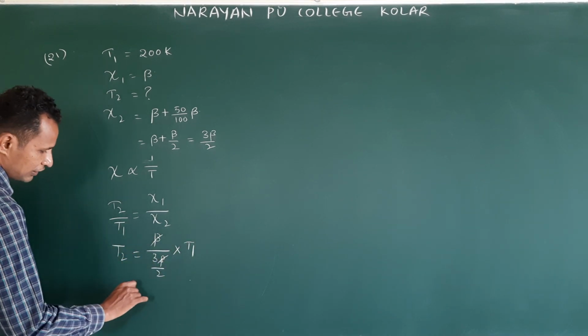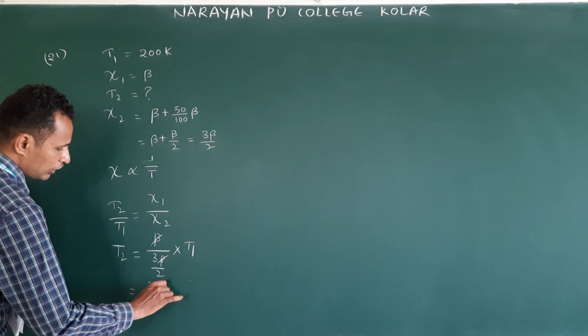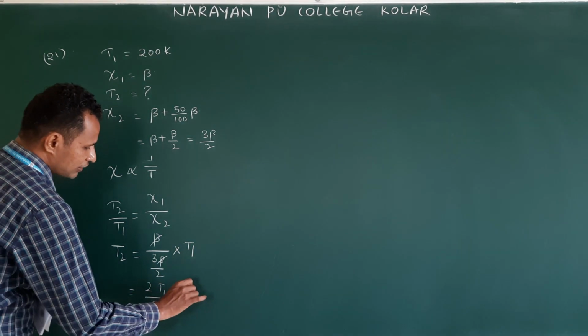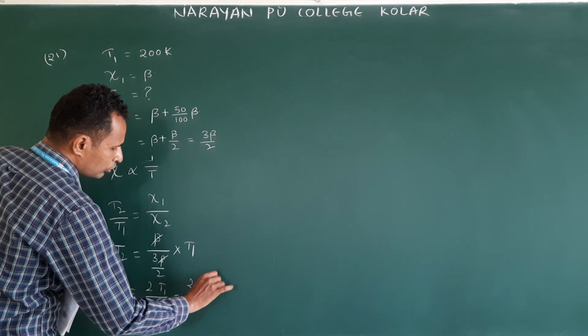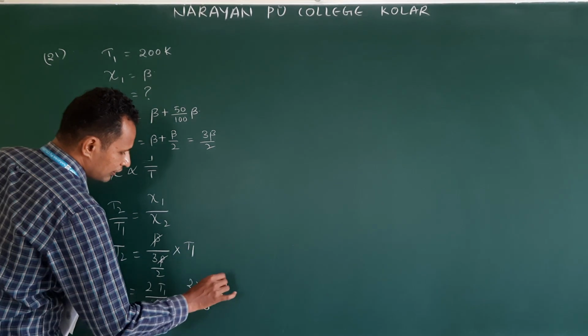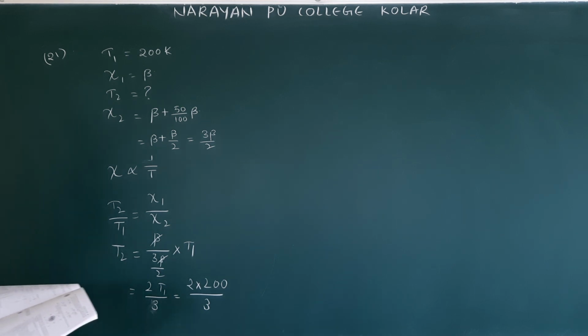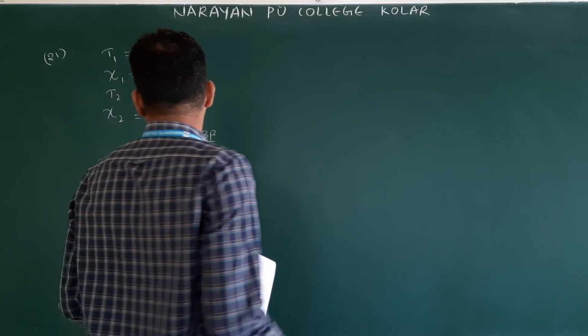Beta beta cancel, 2 goes up, 2 T1 by 3. What is the T1 value? 2 into 200 by 3, that is 400 by 3. Clear? Next, 22nd.